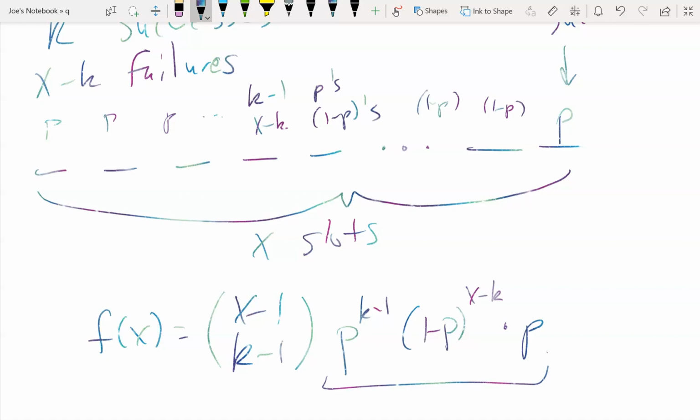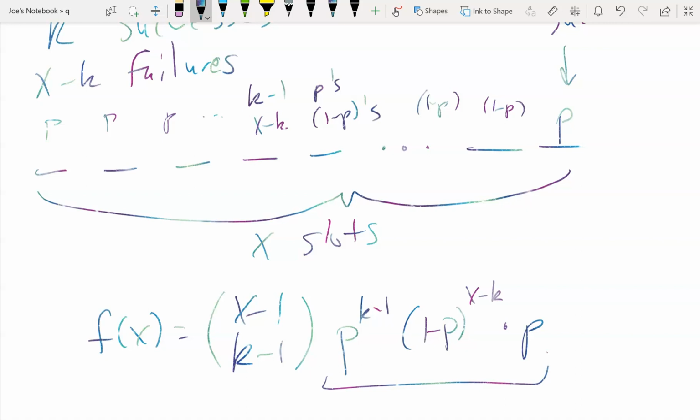What's different is that the last slot had to be a success. So that's why this binomial coefficient in front is different. I don't have x choices and k choices anymore; I've taken one of the choices away. I've said the last slot had to be filled by a success. So there are x minus 1 possibilities left, k minus 1 choices left.